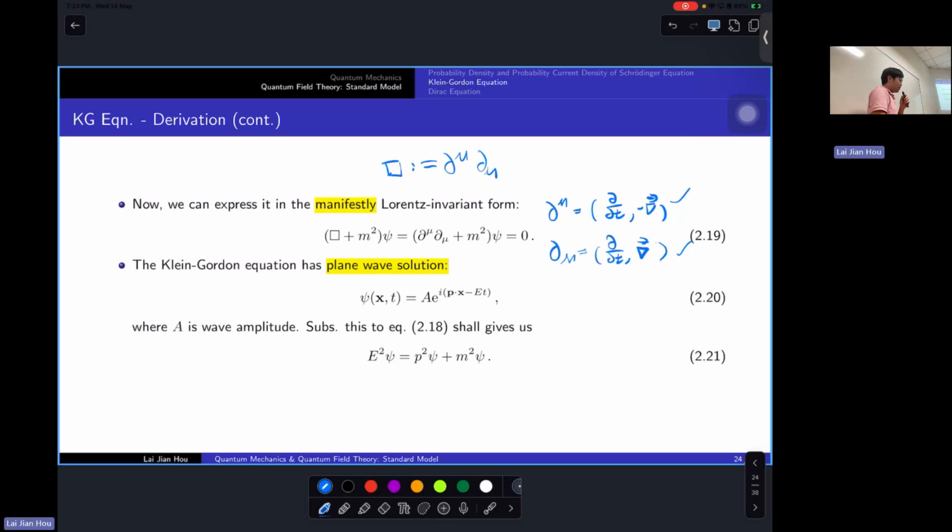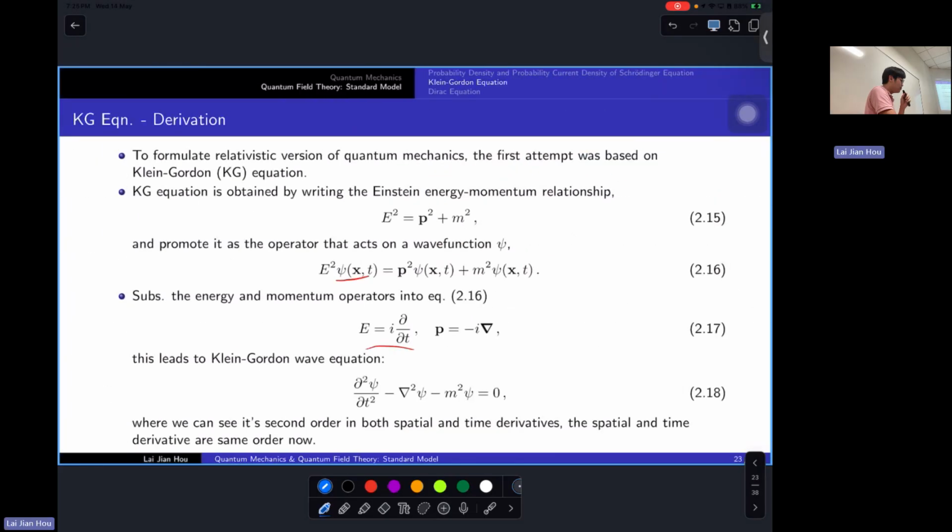Yeah, so it's one Lorentz invariant form, and the Klein-Gordon equation has a plane wave solution. I think we can use the Fourier transform to solve the partial differential equation.